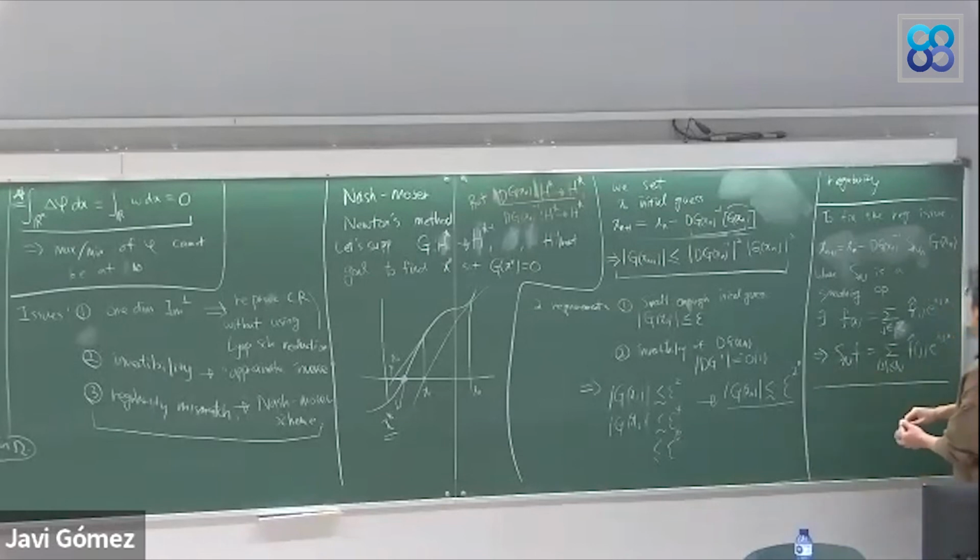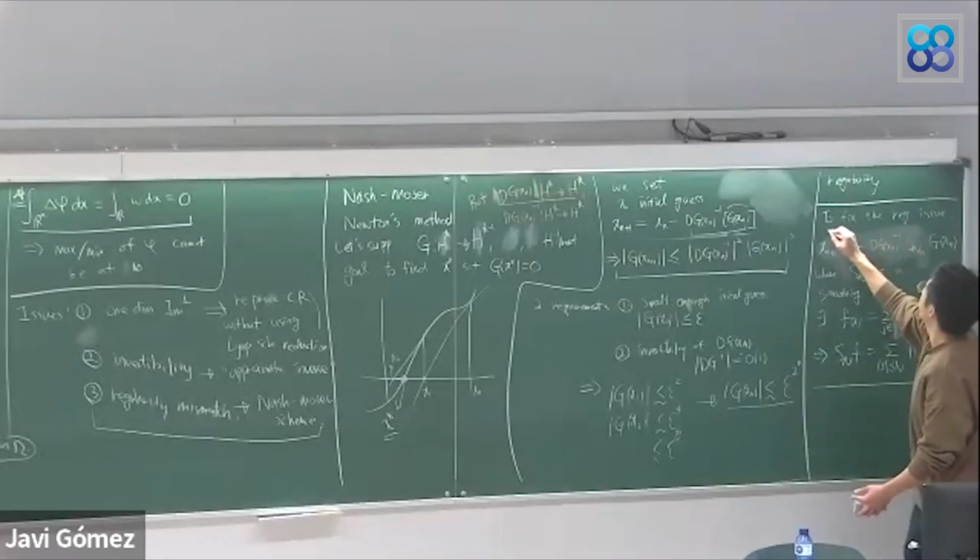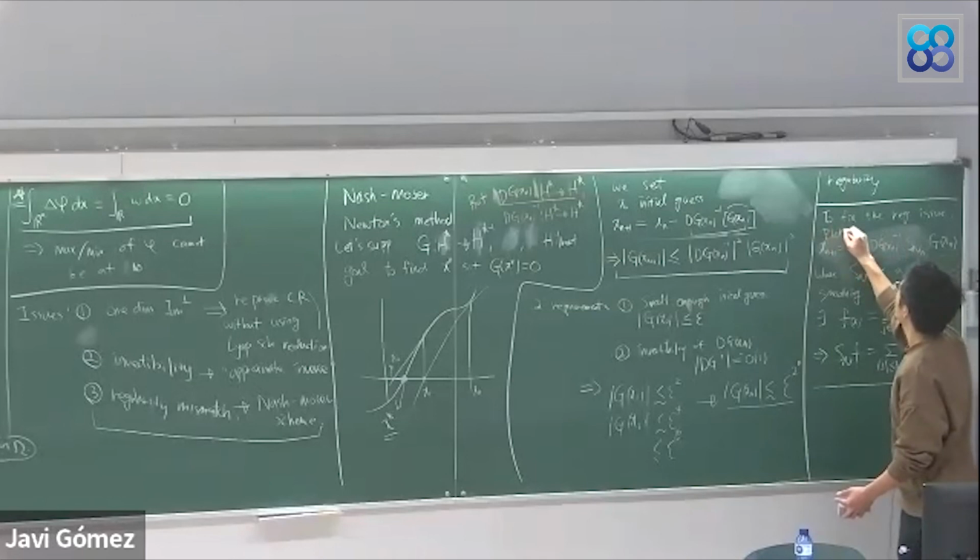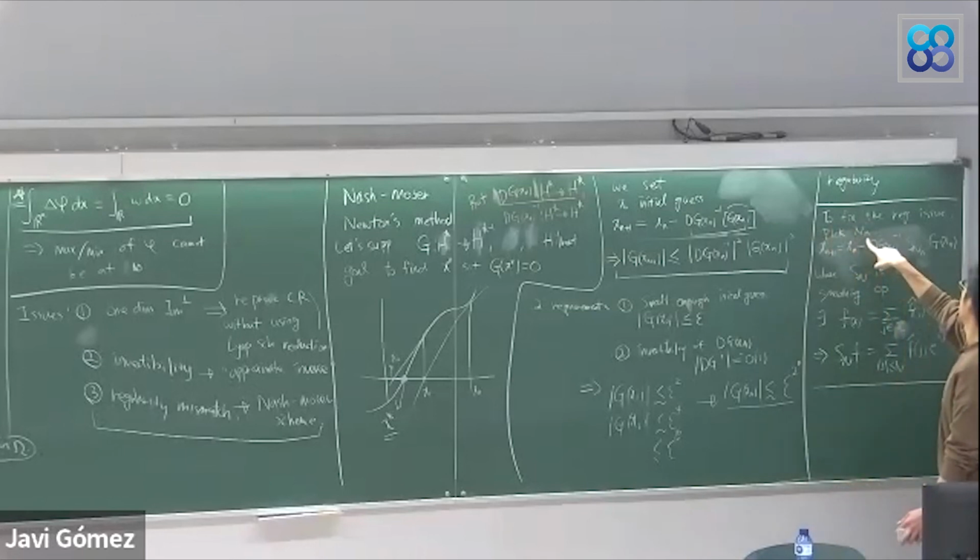So we are going to pick a sequence of numbers N_n that converges to infinity, and then we are going to define our guess in such a way, by using the smoothing operator. So we project a given function into just the lower modes.